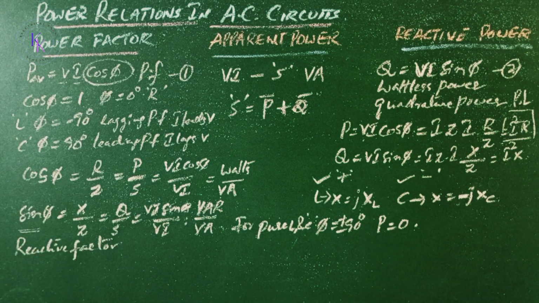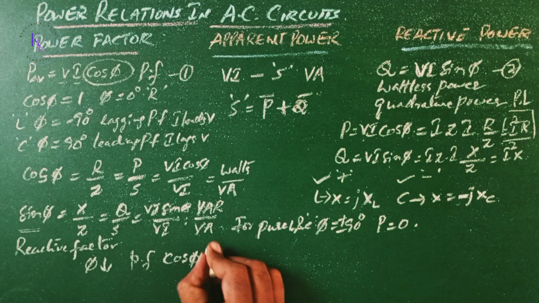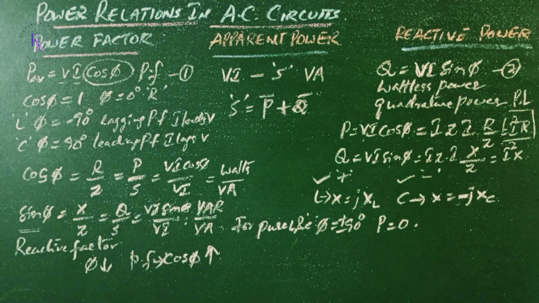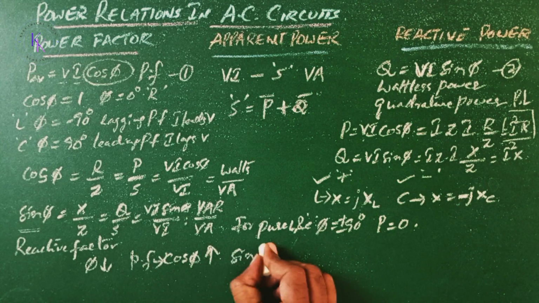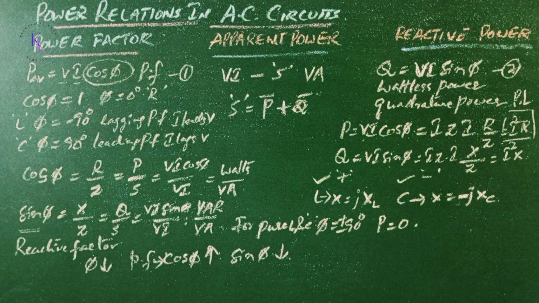With the reduction of the magnitude of phi, the phase angle between the voltage and the current, the power factor, cos phi, increases, whereas the reactive factor, sin phi, decreases. Improving the power factor in any AC system is highly desired.